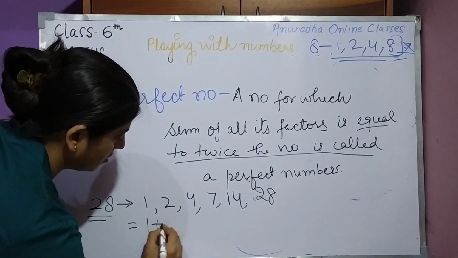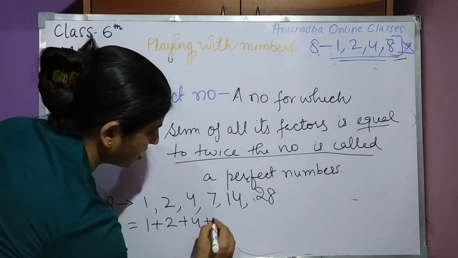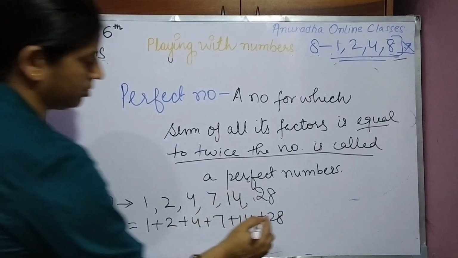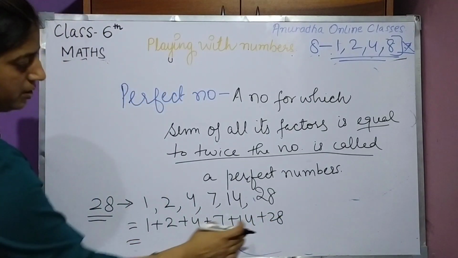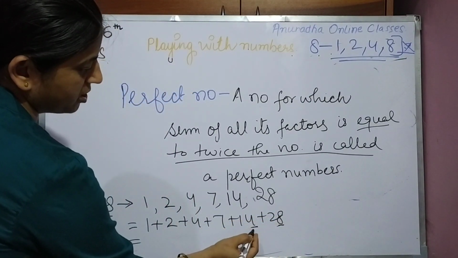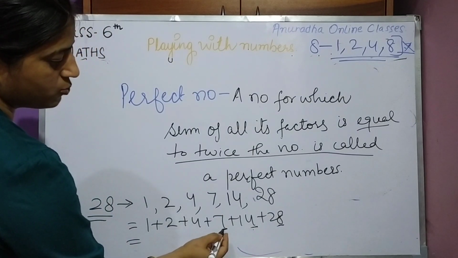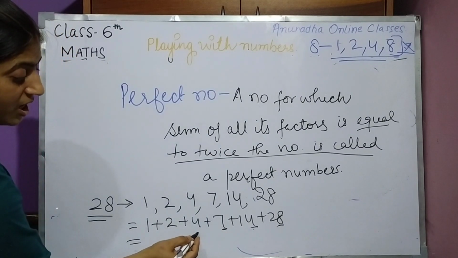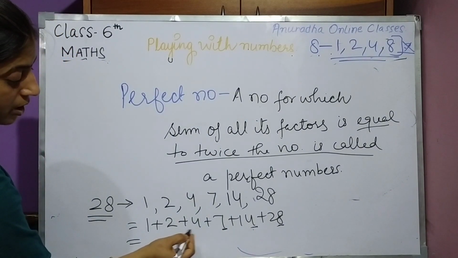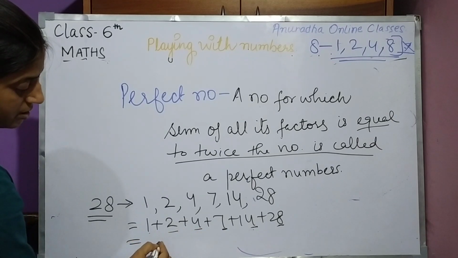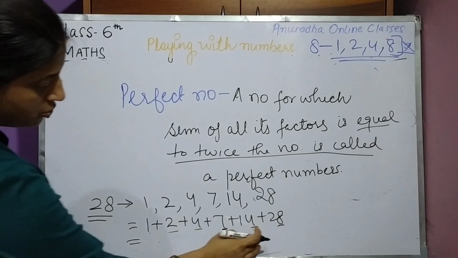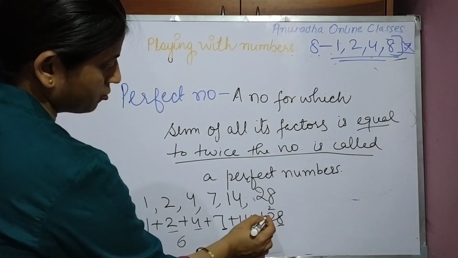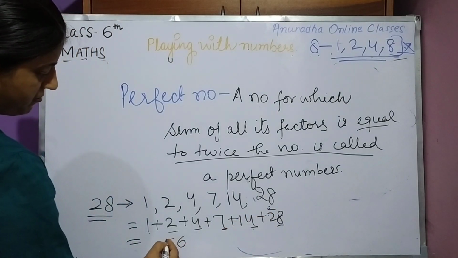Sum of all its factors. So sum up: 1 plus 2 plus 4 plus 7 plus 14 plus 28. Now add up all. Unit place 8, 8 plus 4 is 12, 12 plus 7 is 19, 19, 20, 24, 26. 26 के 6, carry 2, and we get 56.